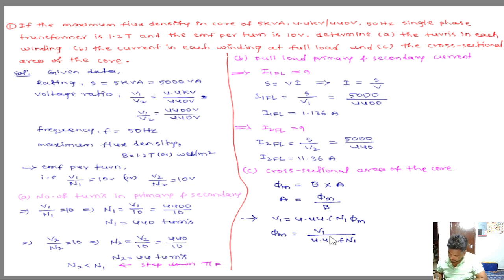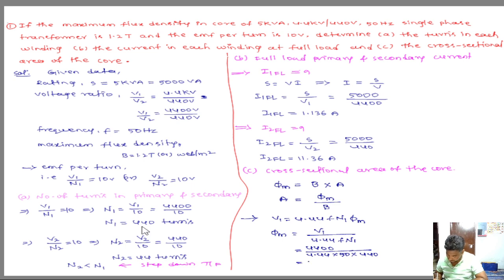Substituting the values, V1 is 4400, divided by 4.44 into 50 into N1, where N1, the number of turns, is 440.